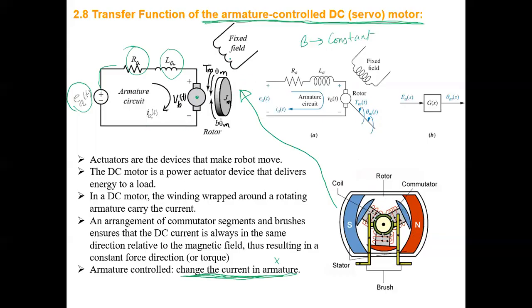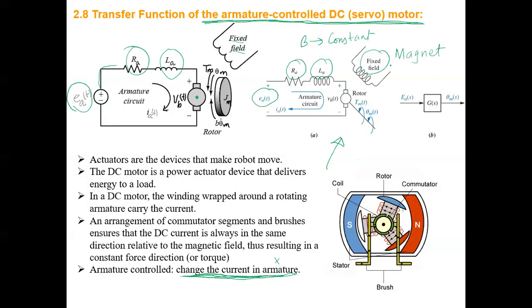Then you have a fixed field. This is more simplified. If you look at this, this is even more simplified. You have the input voltage with the current passing through RA, the armature resistance, and the armature inductance. Then you have the fixed field, which is the magnet.